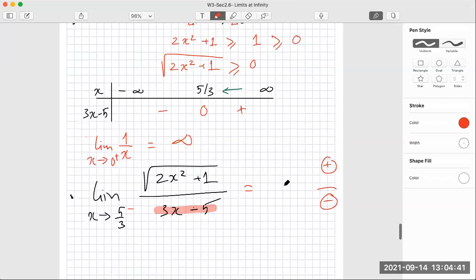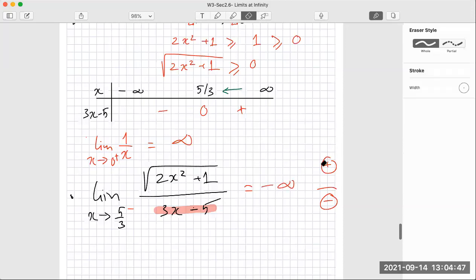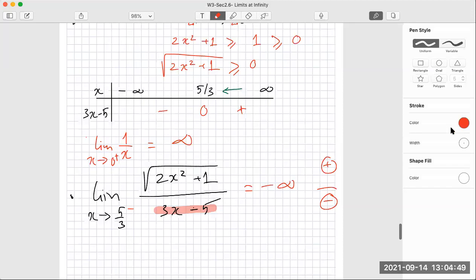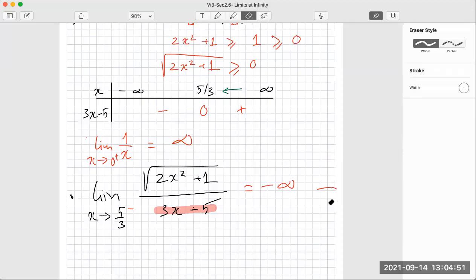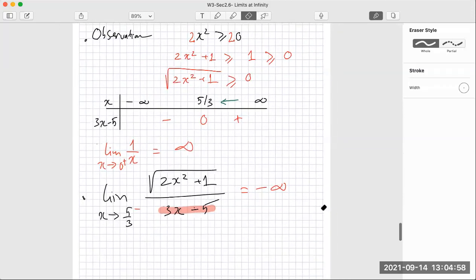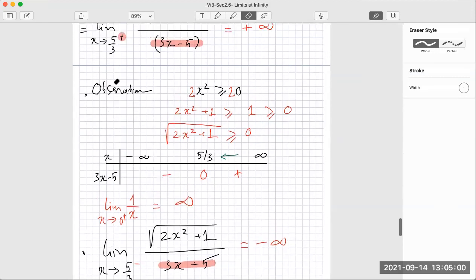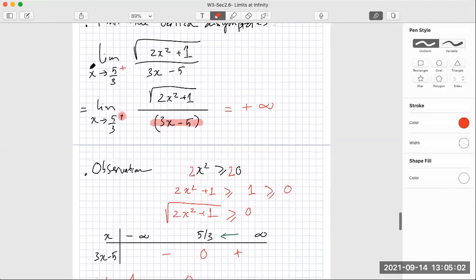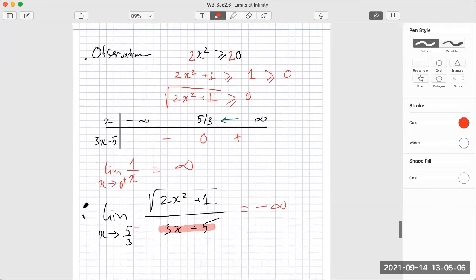Then the limit of this will be, what is it? Very negative, yes. So is it clear? So we found the limit as x approaches 5/3 from the right-hand side.